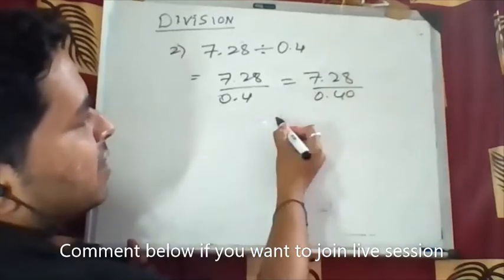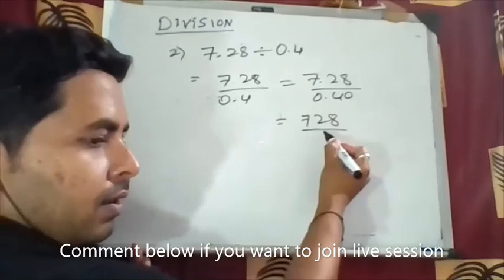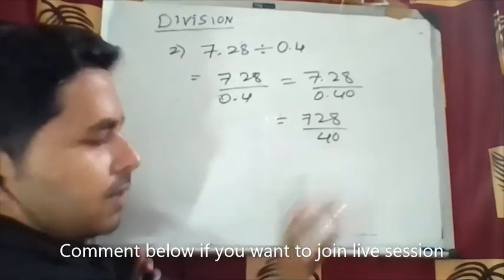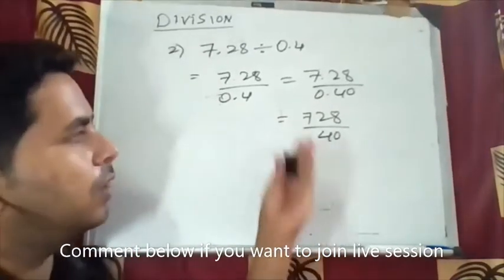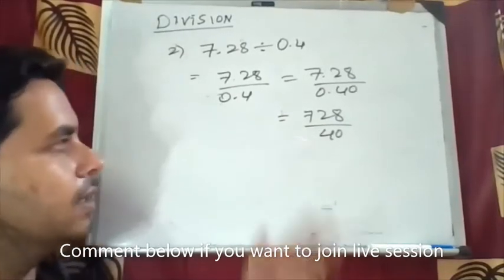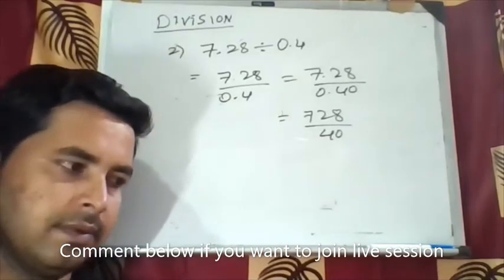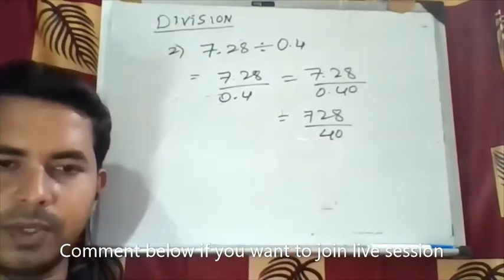Then remove the decimal values, and you'll get 728 by 40. So now 728 by 40, directly we can write with a decimal value.